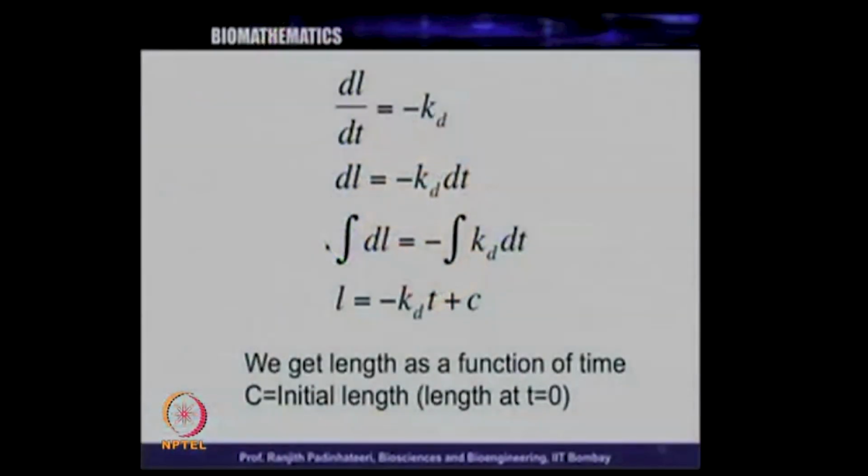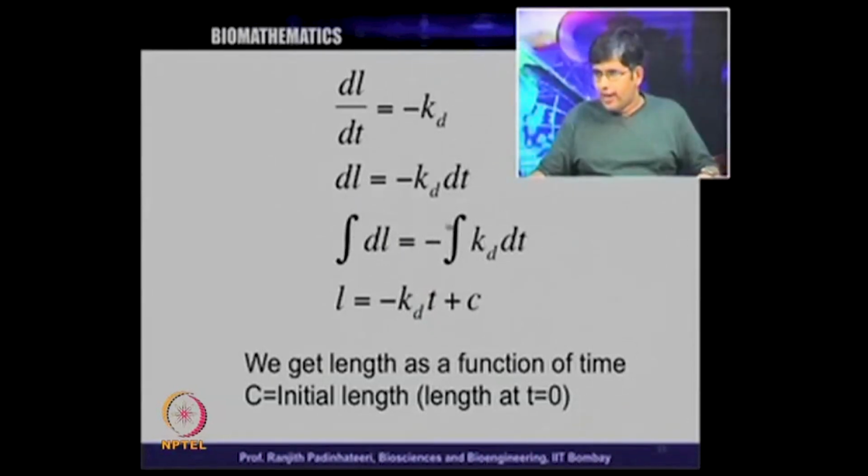We have this equation, dl by dt is equal to minus Kd. Look at the solution written in the slide. dl can be written as minus Kd dt. Now we can integrate on both sides, and you get integral dl is equal to minus integral Kd dt.